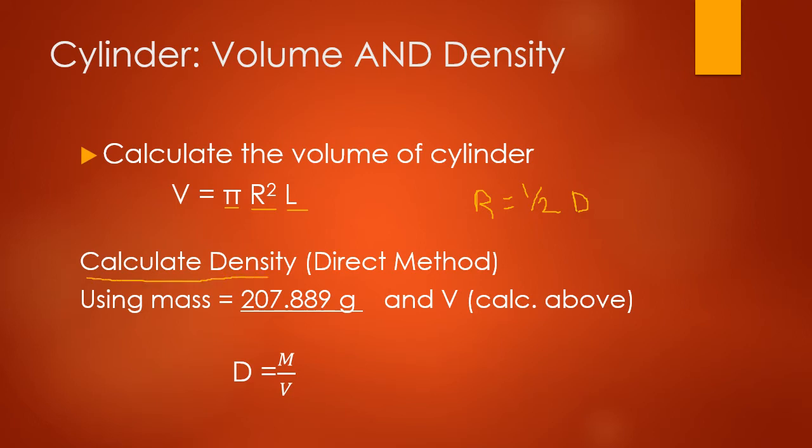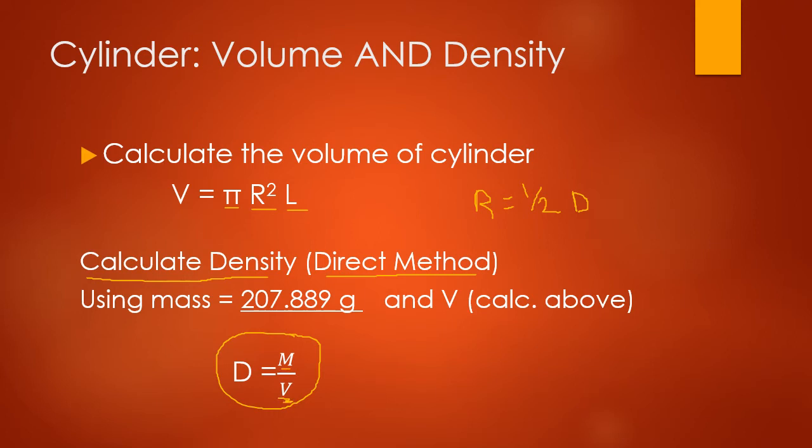Now we're going to calculate the density of this cylinder in 2 ways. The way that we're calculating it right now is called the direct method. It's direct because we directly measured the cylinder using a caliper, using a ruler. So in order to calculate density, we're going to use the following equation where density is equal to mass divided by volume. So the volume we have, volume we just calculated above.